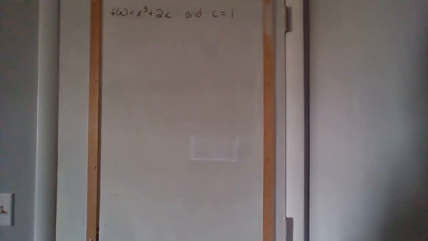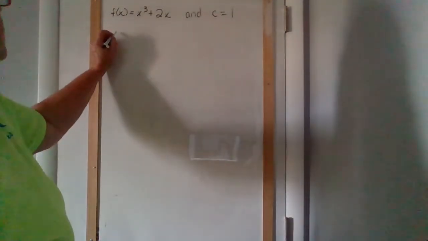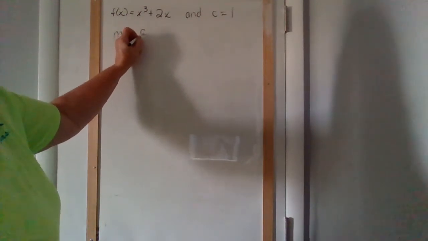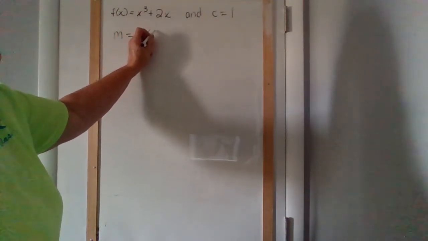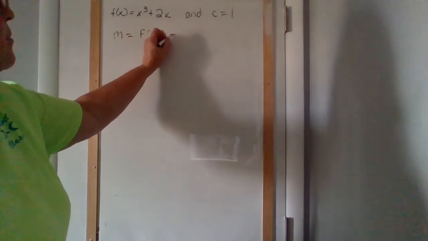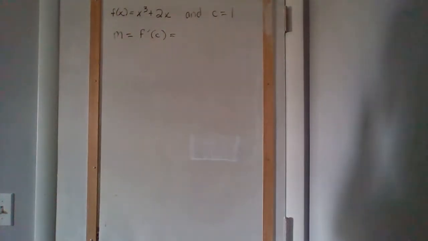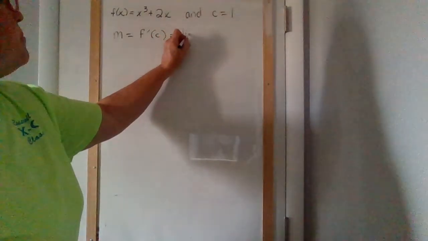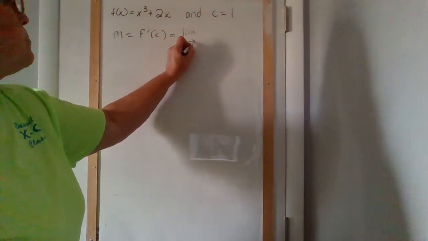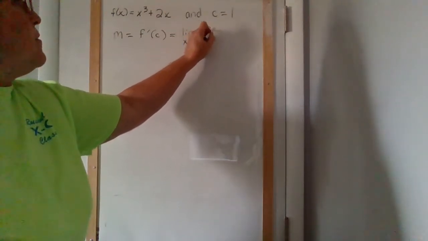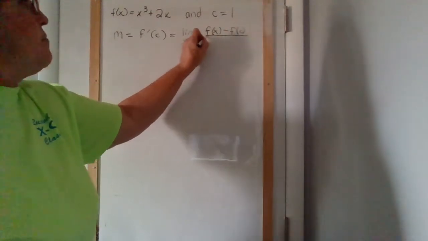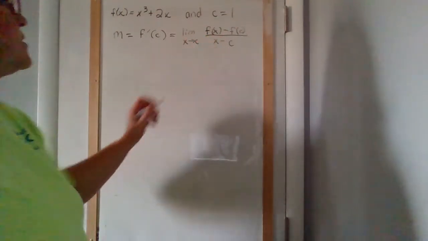So we'll use that alternative definition of a derivative. So remember that a derivative is the slope, and we're doing f prime of c. I'm going to go ahead and rewrite that formula for us since we just got it. So that would be the limit as x approaches c of f of x minus f of c all over x minus c.